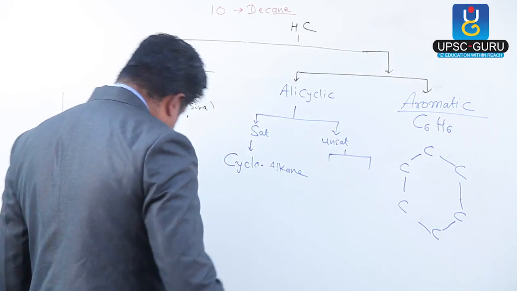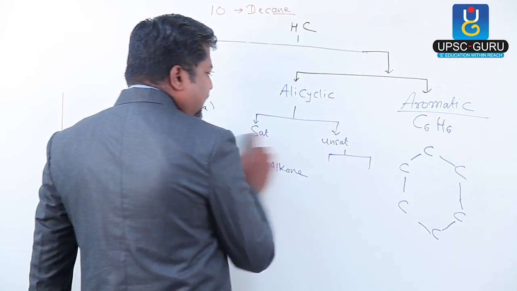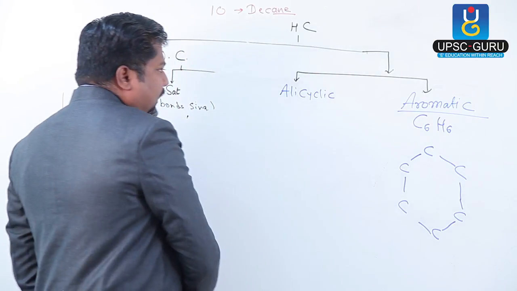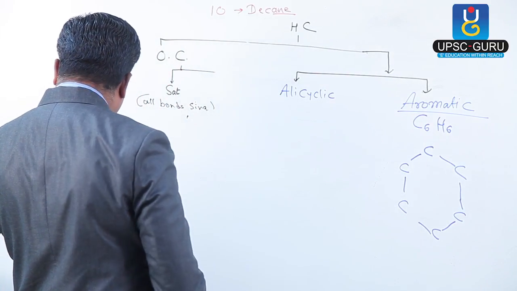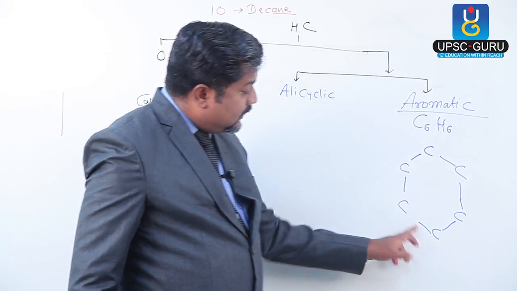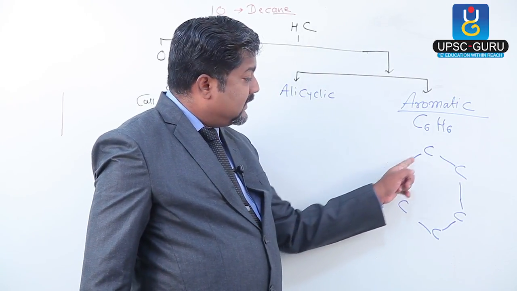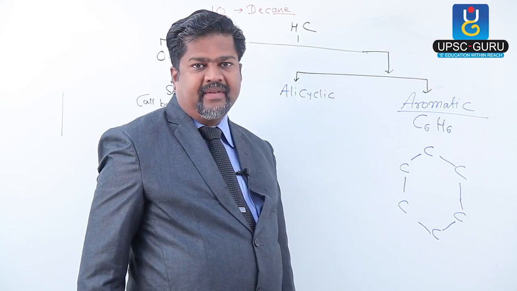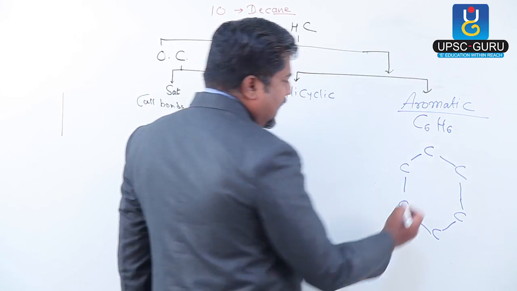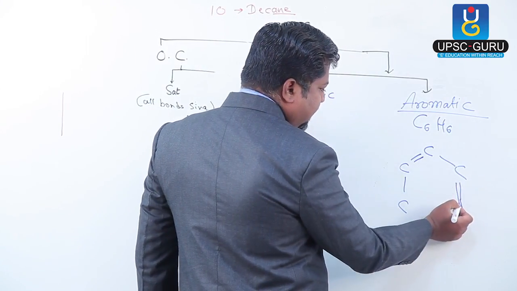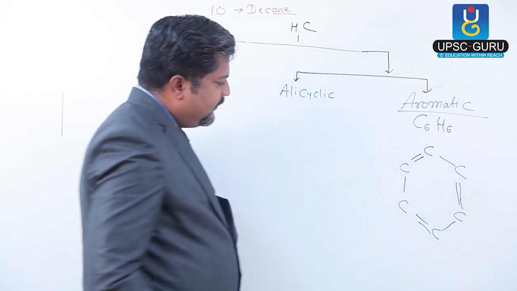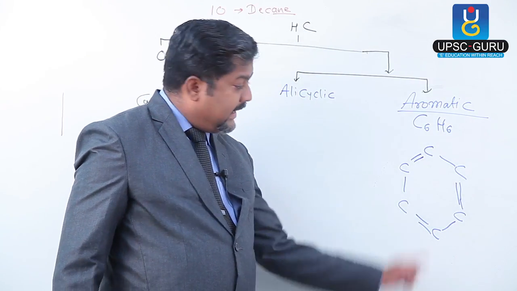Now this is possible. I am removing this alicyclic part and we are focusing on the aromatic part only. So I am placing 6 carbons in this way, with single bonds everywhere. Now I have to place alternate double bonds.